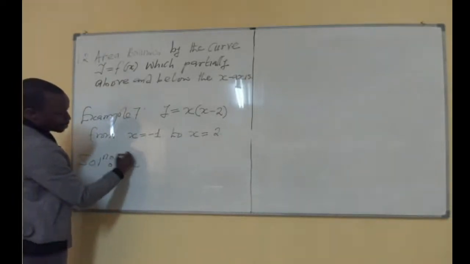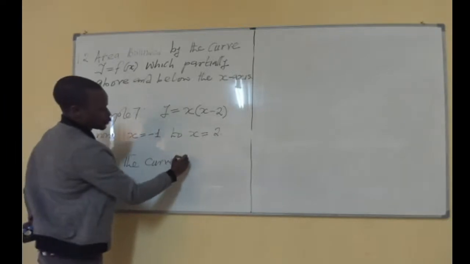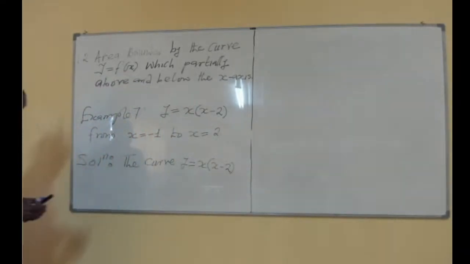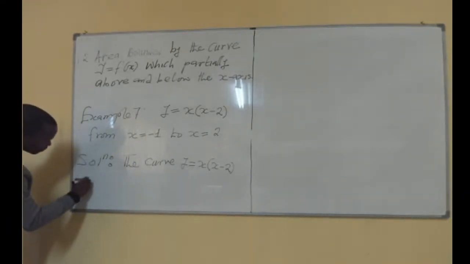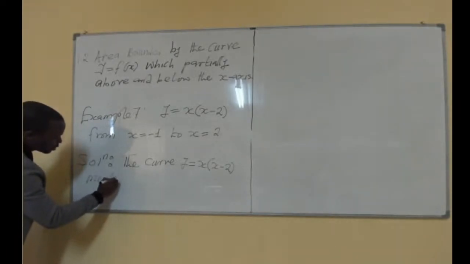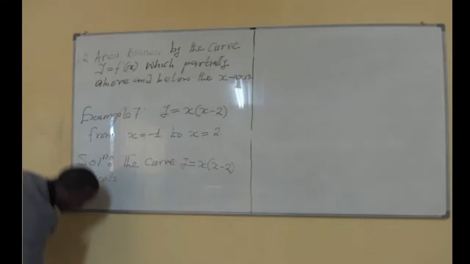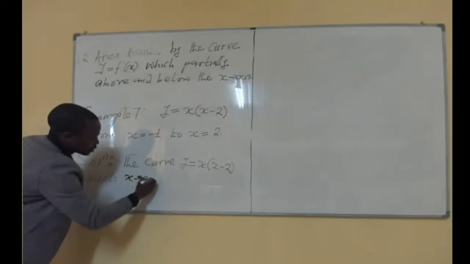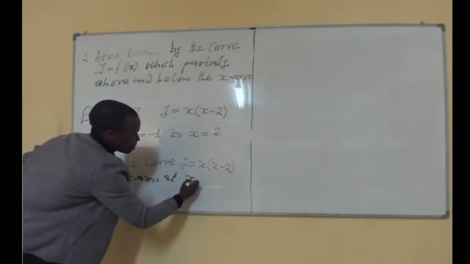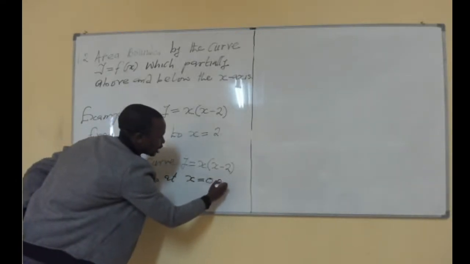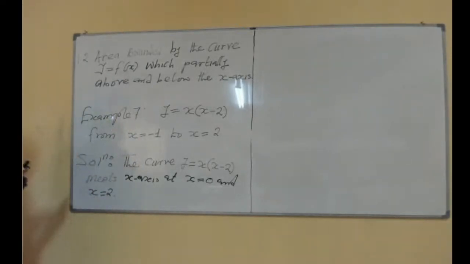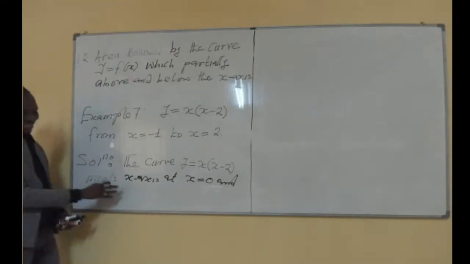The curve y equal to x multiplied by x minus 2 meets the x-axis at x equal to 0 and x equal to 2.